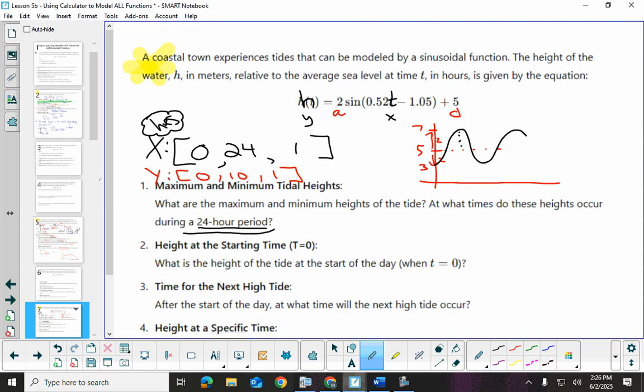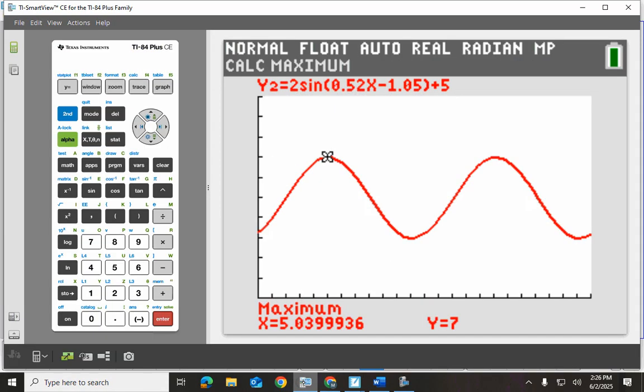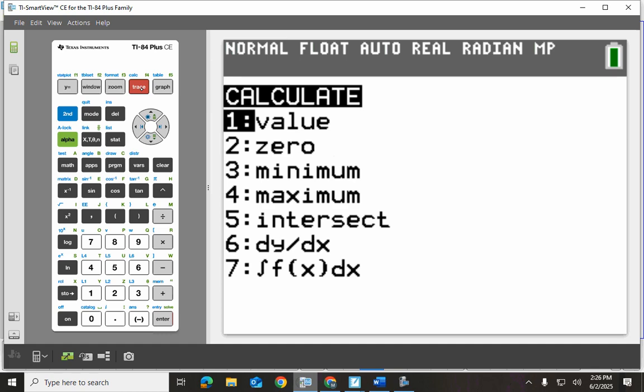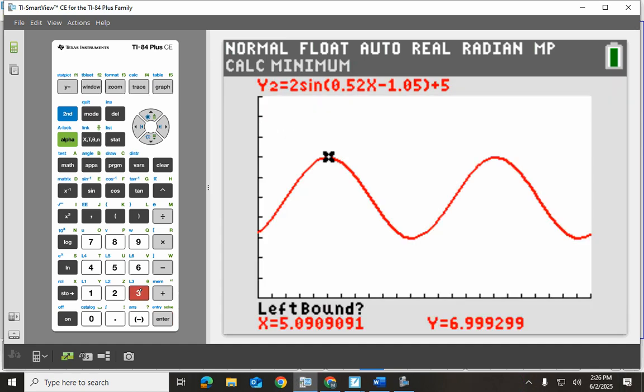So first one here, at 5 hours, we get a high tide of 7 meters. For the next one, I'm going to find the minimum, so the low tide. So I'm looking for this guy. Number on the left, number on the right.